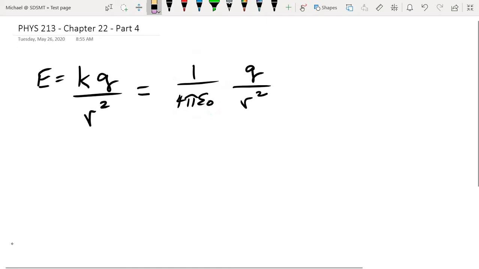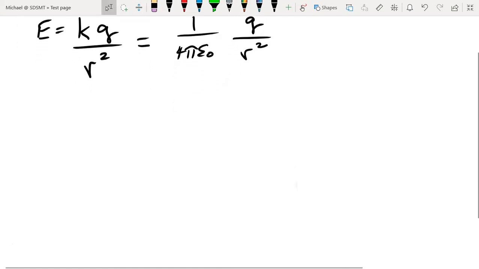So for this two-particle system, we've also seen examples where we can add together the electric fields that are being produced by multiple charges. We've actually seen a couple of examples where we had not just two, but 4 particles in a system.